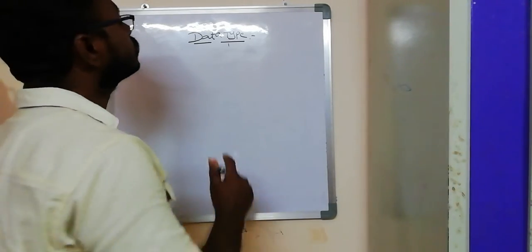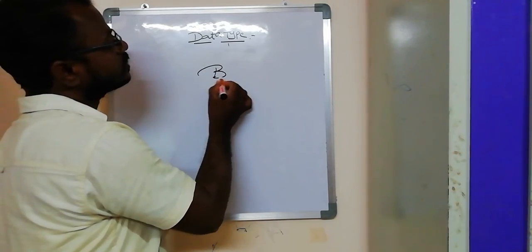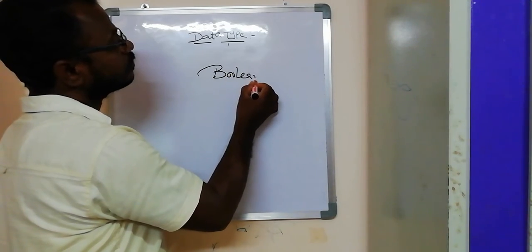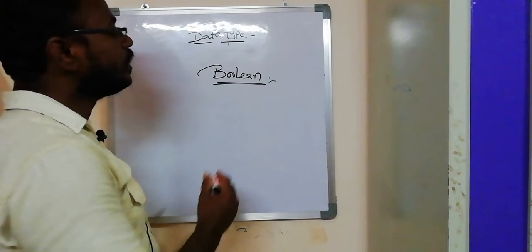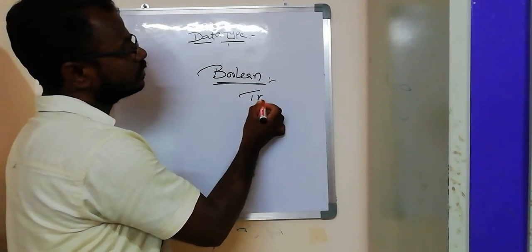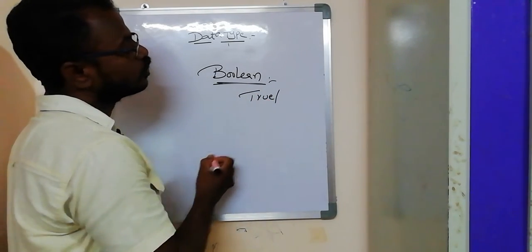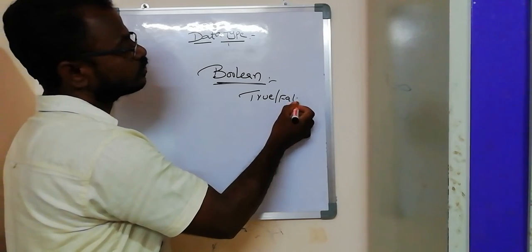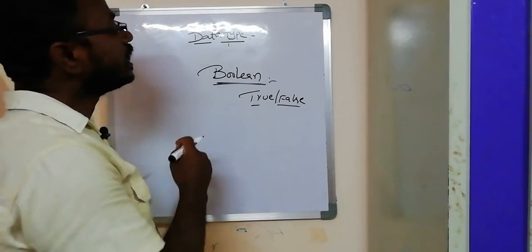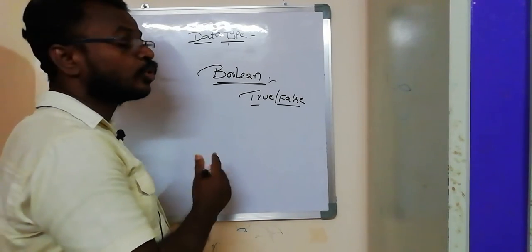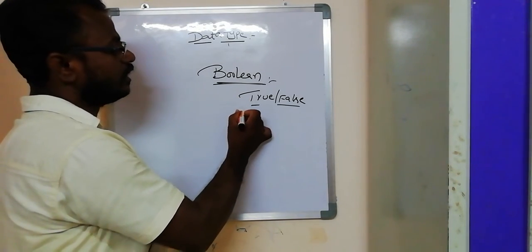The next one is the Boolean data type. The Boolean data type allows only two values: one is true, the other is false. Only two values are allowed, not more. We declare this keyword at the programming level as bool.